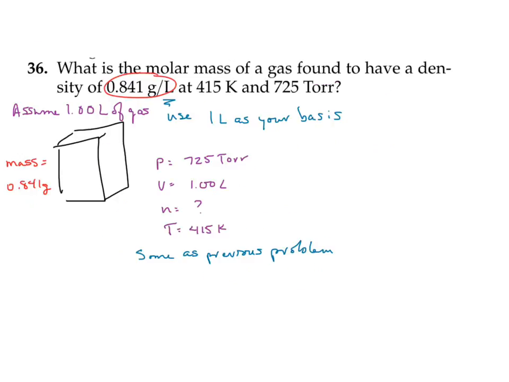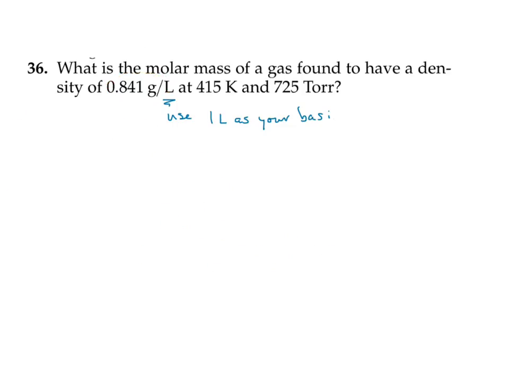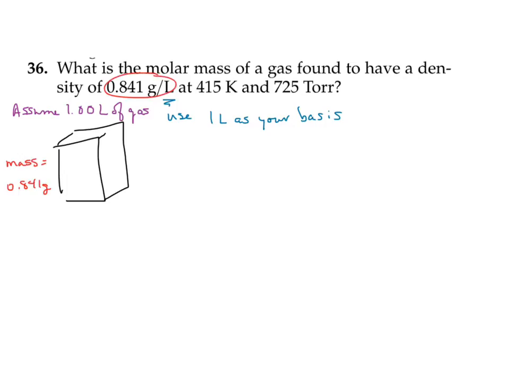The next one, what's the molar mass? If you have a substance, I'll go ahead and back up to this one. Notice for this one, you are given its density in grams per liter. I think we've done this when we did concentrations before. If we set as our basis 1.00 liters of gas, then by definition, we know we're dealing with a mass of 0.841 grams.